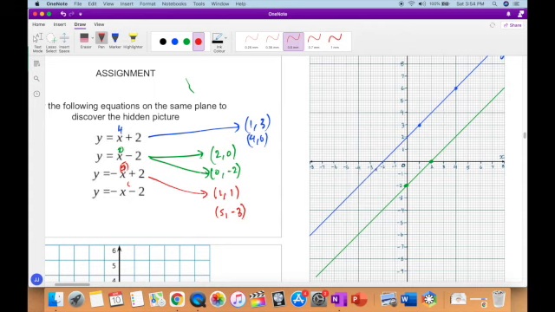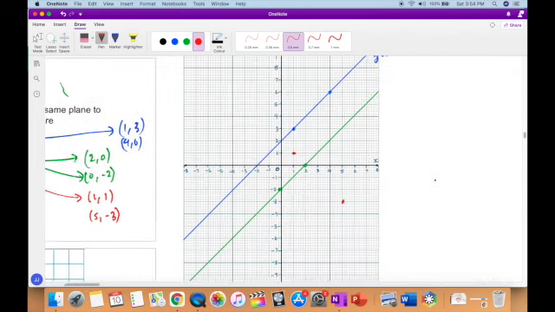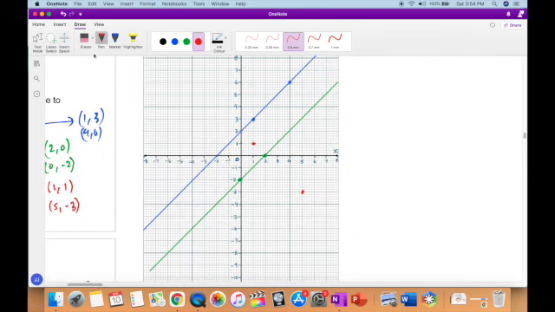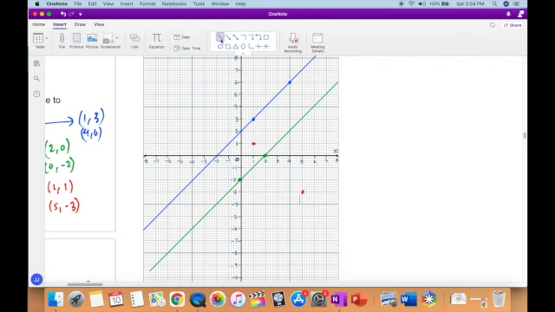So my 2 points here will be when x is 1, y is 1, and when x is 5, y is negative 3. So that will be around there, and now this line will look like this.